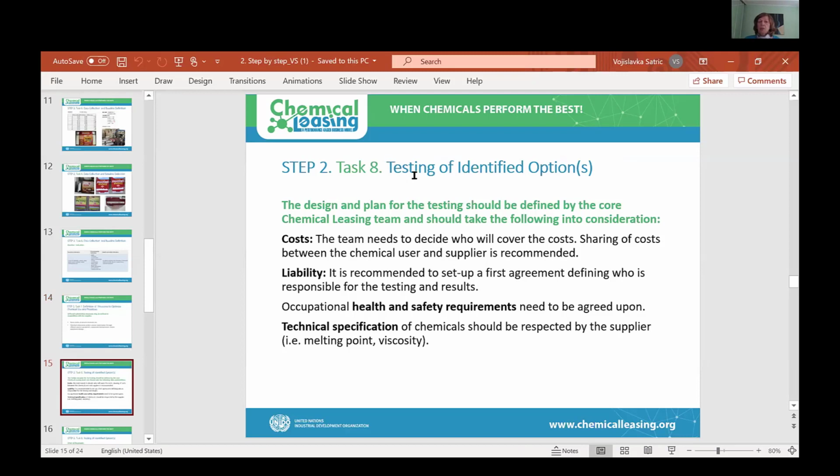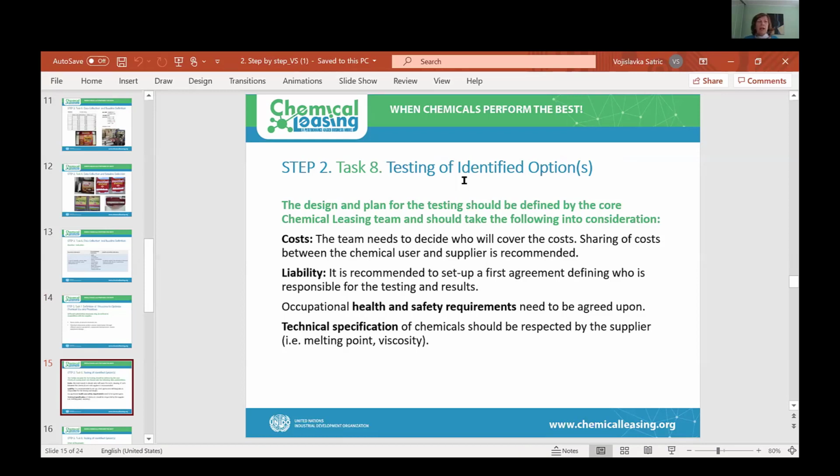Now we come to testing of the identified options. What was very important was to have a plan, what to do, what to test and how to assess it. First of all, costs.